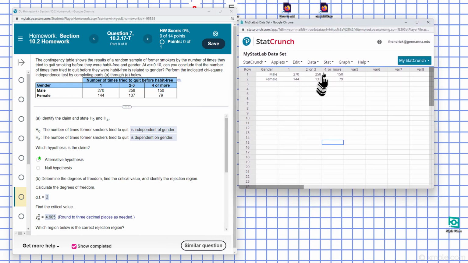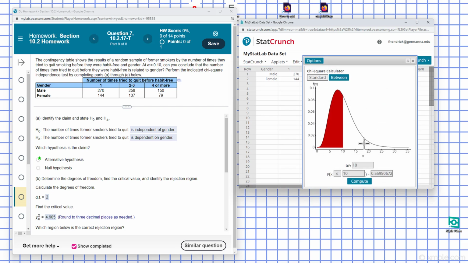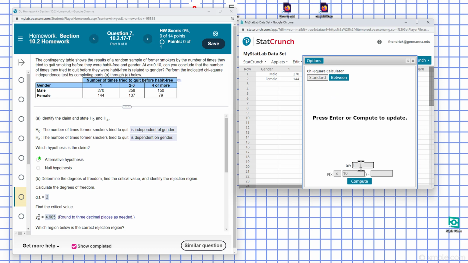We can go to Stat and then Calculators, and then chi-square. And we already know that our degrees of freedom here is 2.